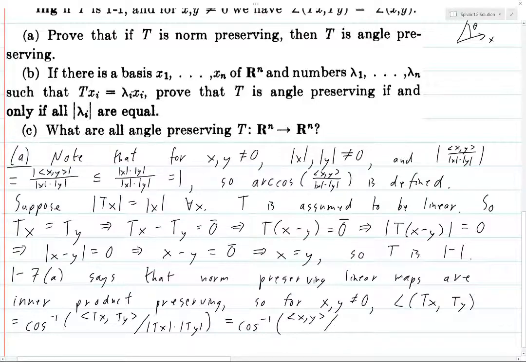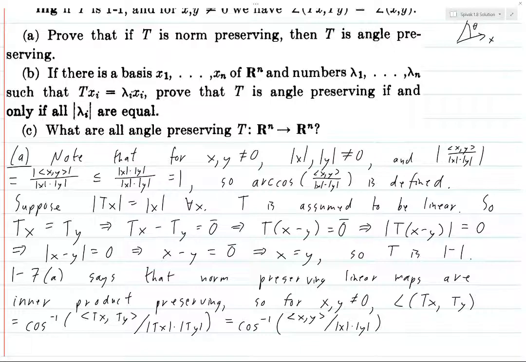And then also, T is norm preserving. So the norms of Tx and Ty become the norms of x and y. And by the way, this actually confirms that, before, we divided by the norm of Tx times the norm of Ty in the previous step. I guess you can't technically do that until you confirm that those things are non-zero.